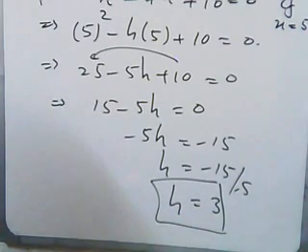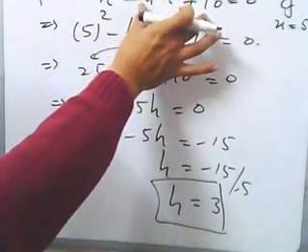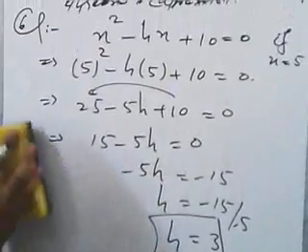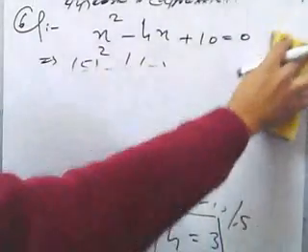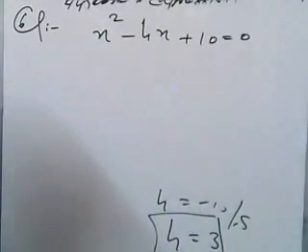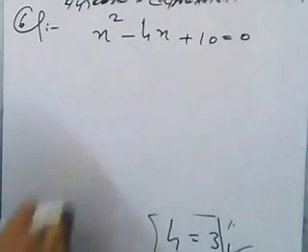Now we have to solve the equation. Now put the values in the given equation. So in second step, the author of the book says, hence find the other solution of the equation. So here first step we have found the value of h.